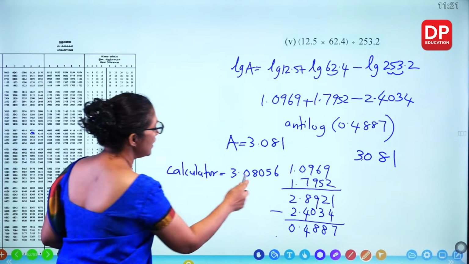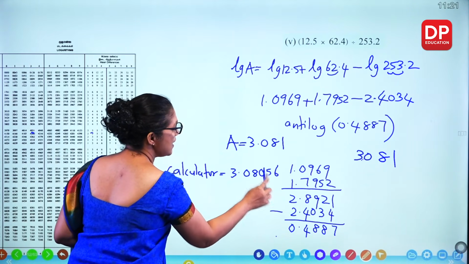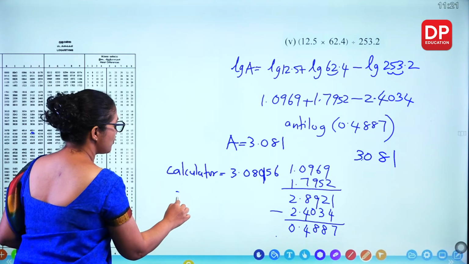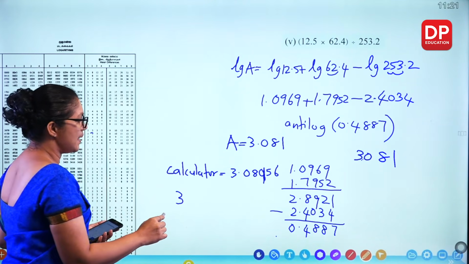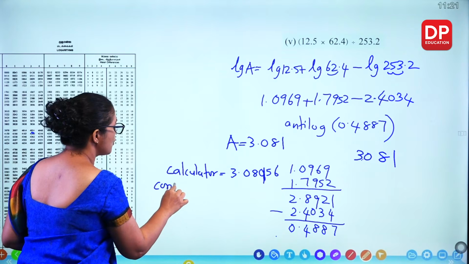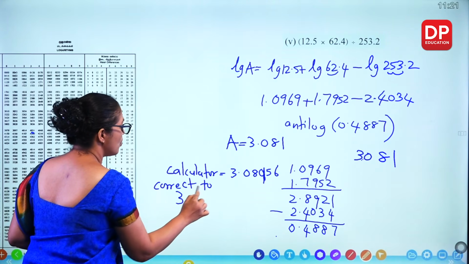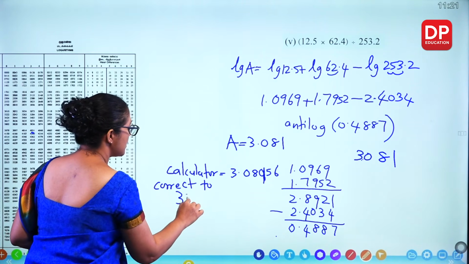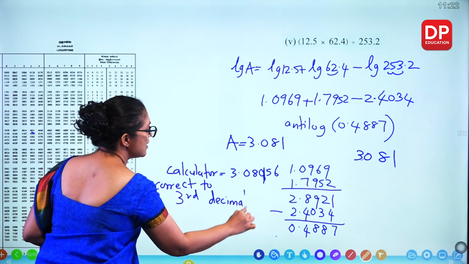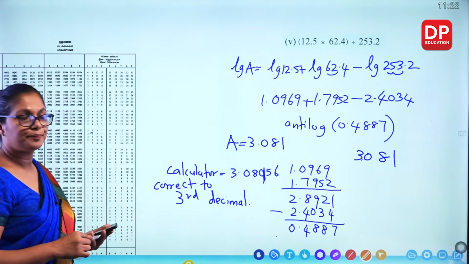Now see, correct to this decimal place, it's correct. So 1, 2, 3, correct to third decimal place. We'll write correct to third decimal place. It's the same value.